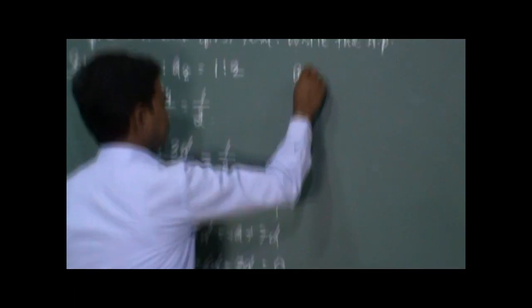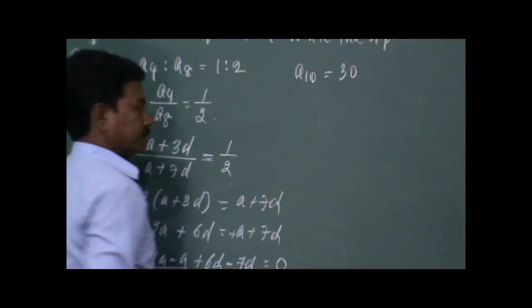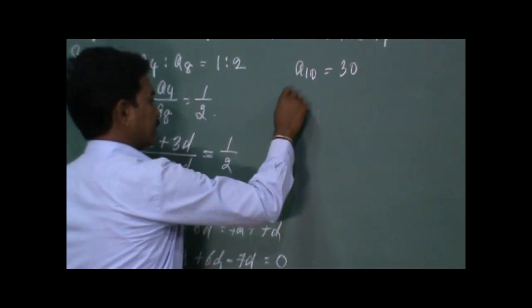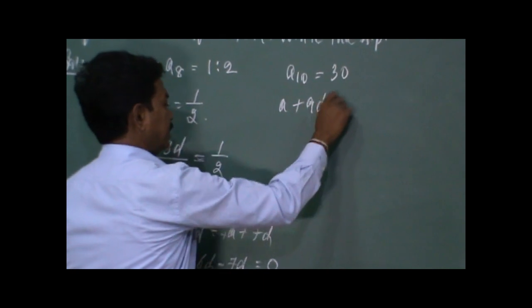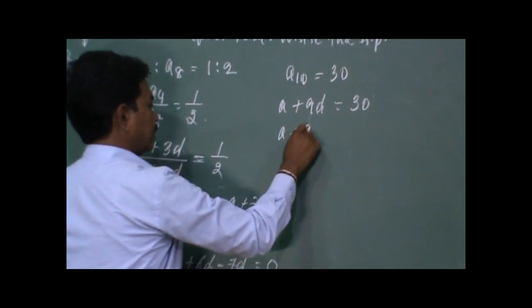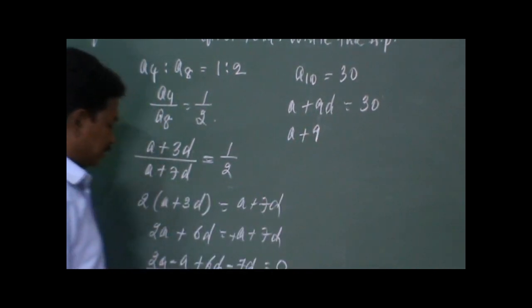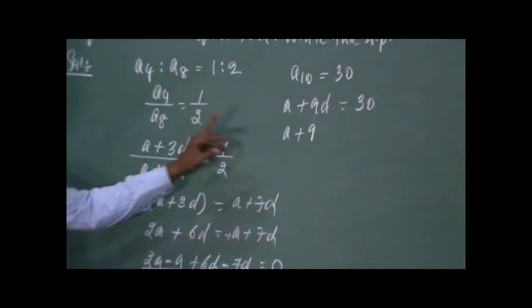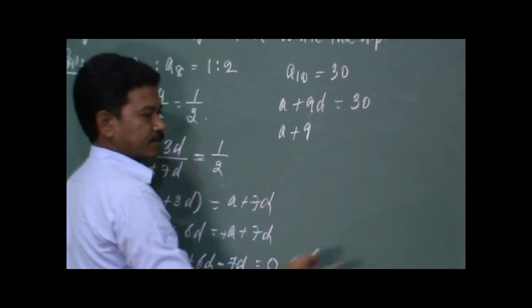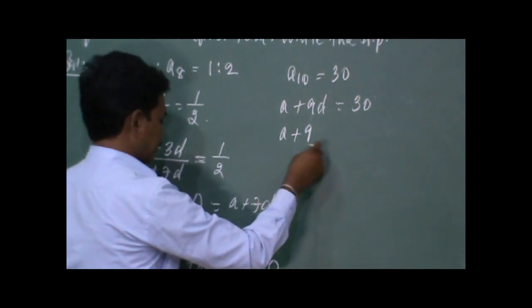That can be written as A10 is equal to 30. So define A10: A10 can be defined as A plus 9D is equal to 30. As D is equal to A, instead of D you can write A again, or instead of A you can write D. Whatever you do, it's right.